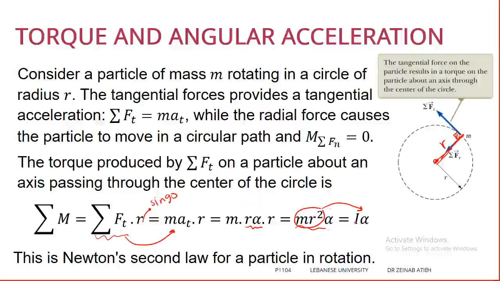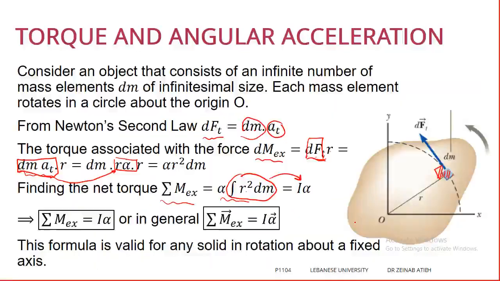So this formula is also true in the case of an object rotating around a fixed axis. It's not only true for a particle rotating about a fixed axis, it's also true for an object rotating about a fixed axis. It can be written in vector form, sum of moments equals I alpha.